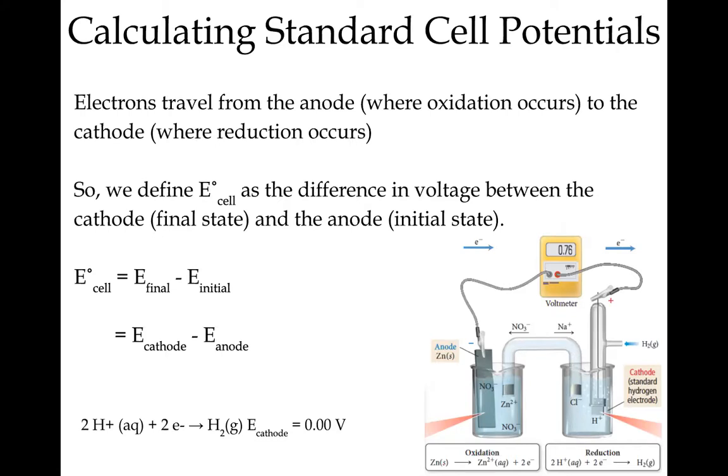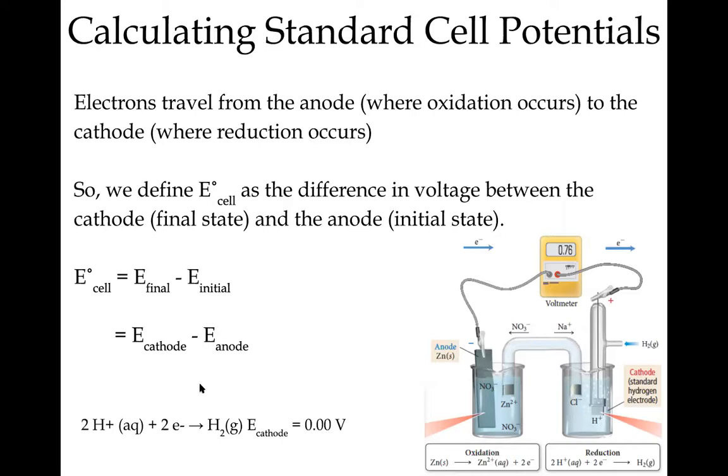Now, we are limited because we can't actually measure electrode potential in a half cell directly, okay? We can only measure the overall potential that occurs between two half cells when they're combined into a whole cell, right? So what we do to work around this is that we arbitrarily assign a potential of 0 to some particular electrode of a half cell. And in this case, it's going to be what we call the standard hydrogen electrode, or SHE.